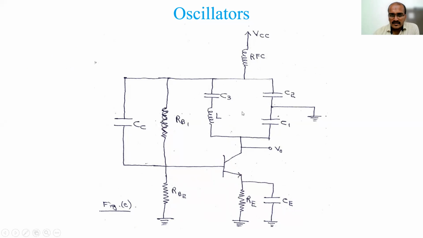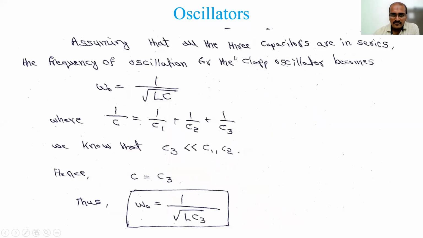So the frequency of oscillation omega naught is given by 1 by square root of L into C equivalent, and C equivalent is 1 by C1 plus 1 by C2 plus 1 by C3. Again, you have to take the reciprocal to get the C equivalent.